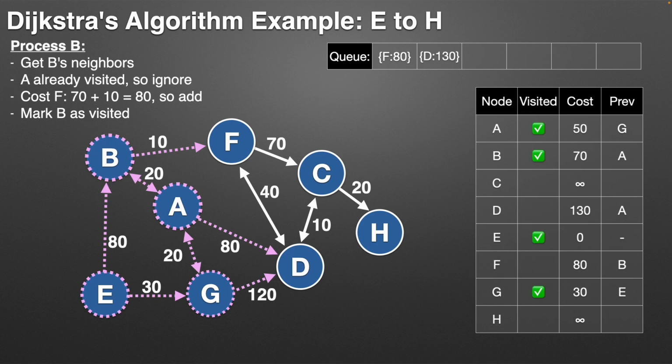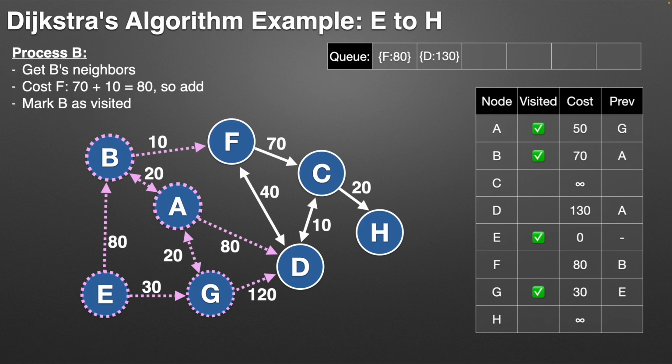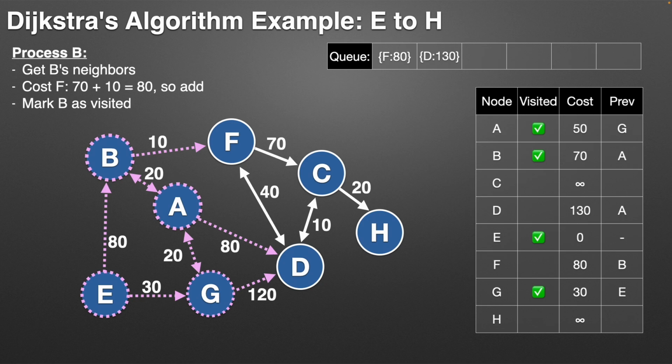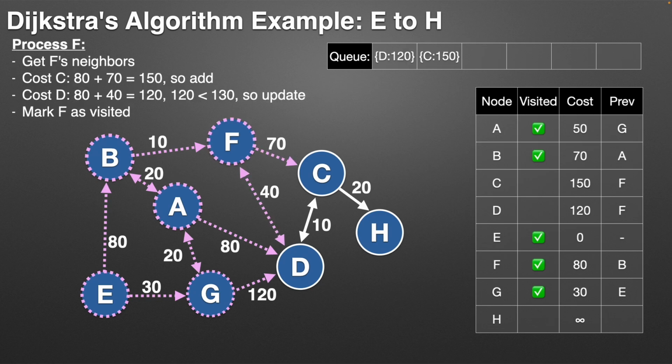So we'll go ahead and update that, set the parent to B, put it in the priority queue where it's the first. So that will give us, this should say F, I believe. We'll process F at this point. Here we go. And we'll get F's neighbors.